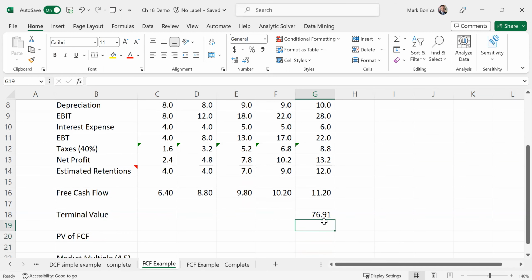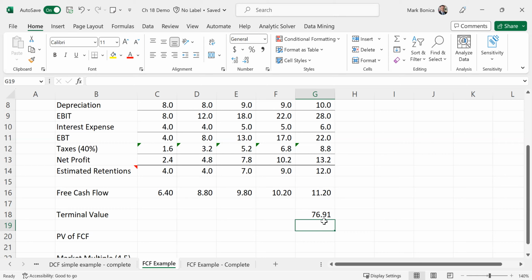Okay, so in order to get the value of this firm, we need to take the present value of each of the cash flows in each of the years. So in year 1, we've got 6.4, year 2, 8.8, year 3, 9.8, year 4, 10.2, year 5, 11.2 plus 76.91.